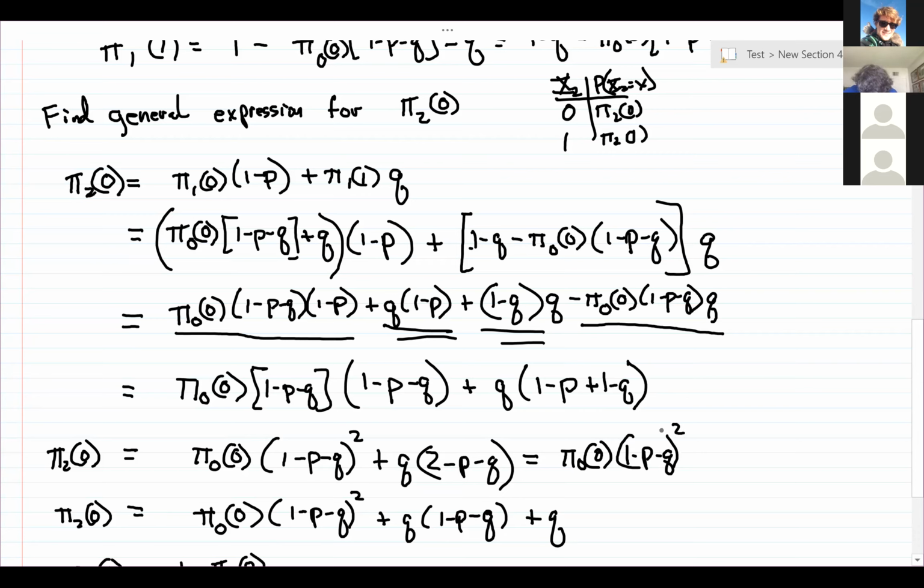And then the rest of it, they actually go back to this, you can think of it as q times (1 plus (1 minus p minus q)). And that's the same as this, and they write it that way. Now, the reason they write it this way is they see a pattern.